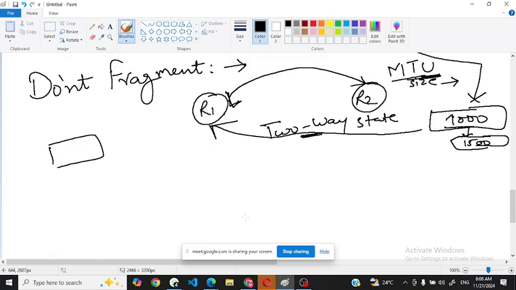So that is called the don't fragment bit. If it is 0, you need not perform the fragmentation.